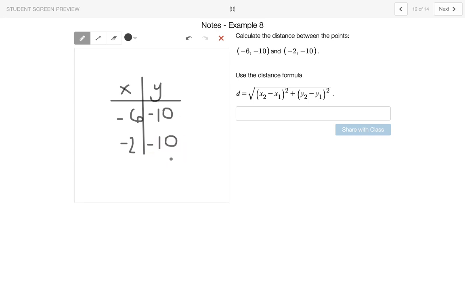Oh, well, we notice that this is pretty easy because both of the y coordinates here are -10. So the distance between the y coordinates, or the vertical distance, is just 0. And the distance between the x coordinates is 4. So these points are 4 apart.